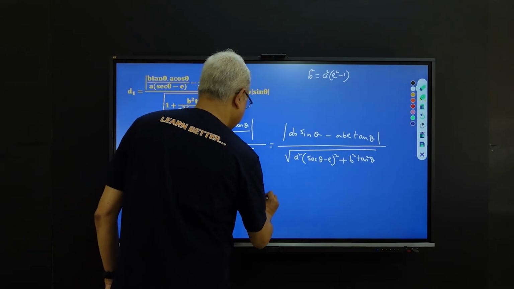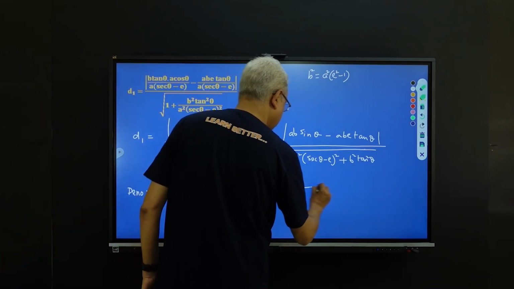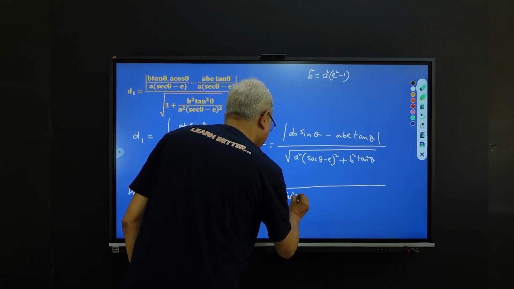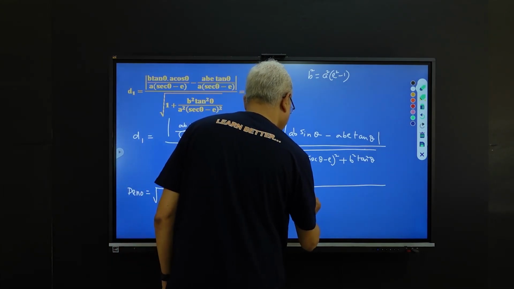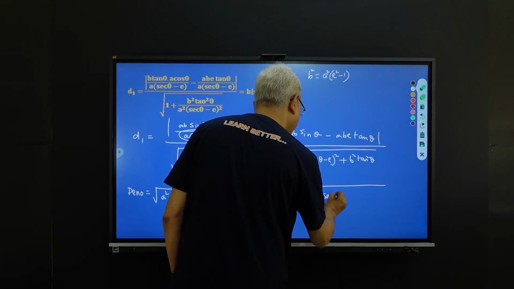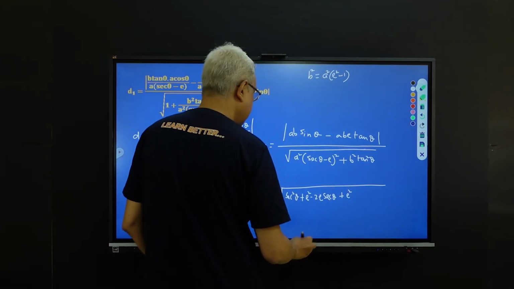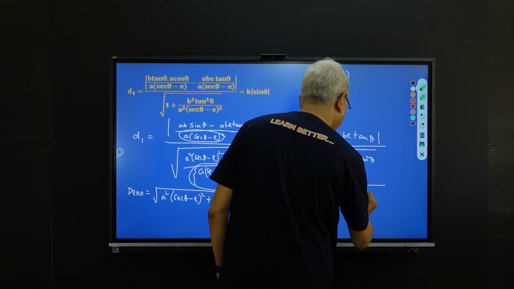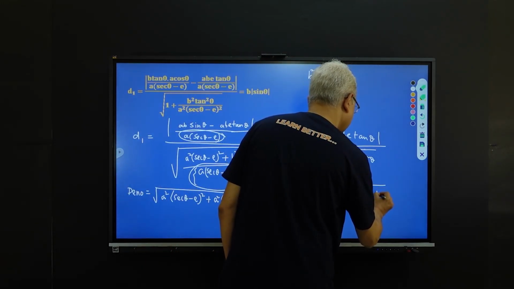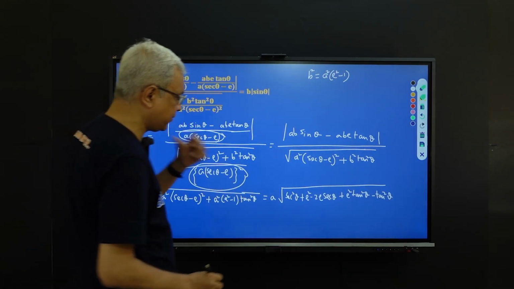The a comes out, and under the square root it is sec square theta plus e square minus 2e sec theta plus e square tan square theta minus tan square theta. Okay, so sec square theta minus tan square theta is unity.